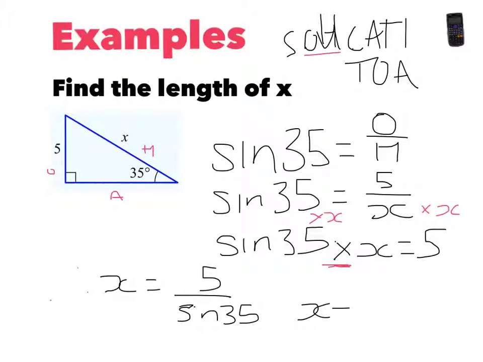X is equal to 8.72, that's to 2 decimal places. So, identify the sides, multiply both sides by x, or whatever is on my denominator. Then I divide both sides by the sine of 35 because it was the inverse.